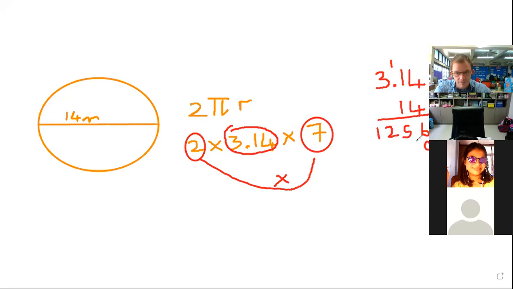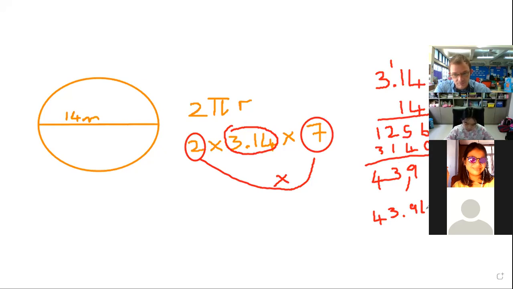Put a 0 there. 4, 1, 3. So it's a 6, a 9, a 3, a 4 with 2 decimal places. So it is 43.96 meters. The perimeter.